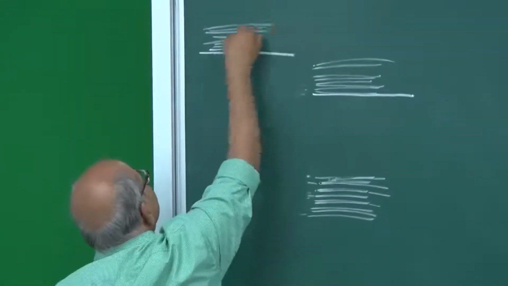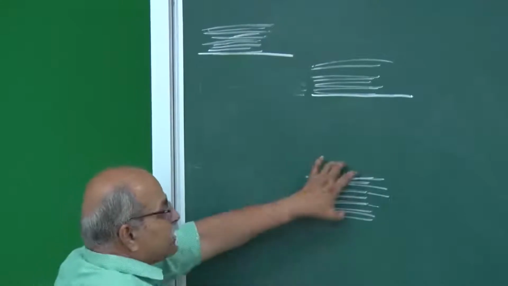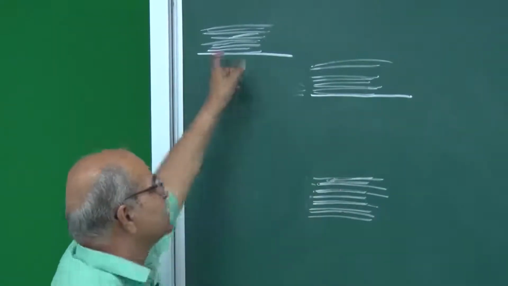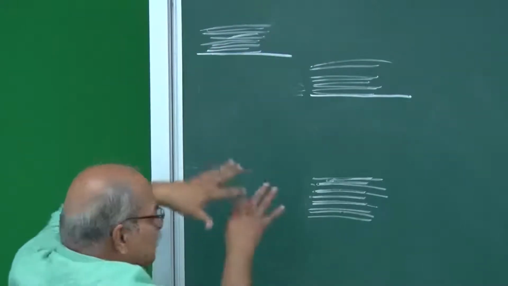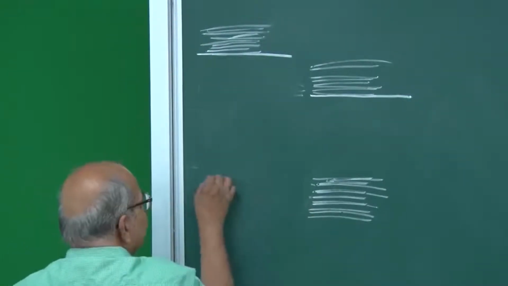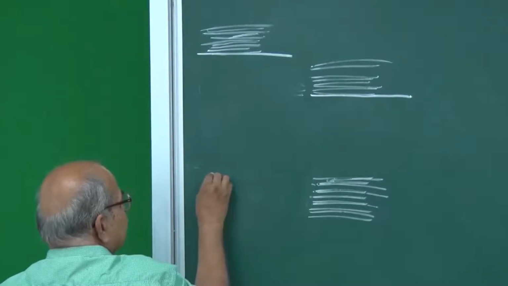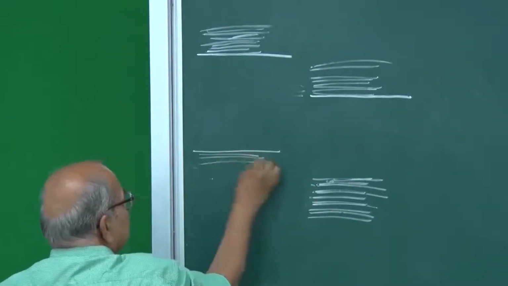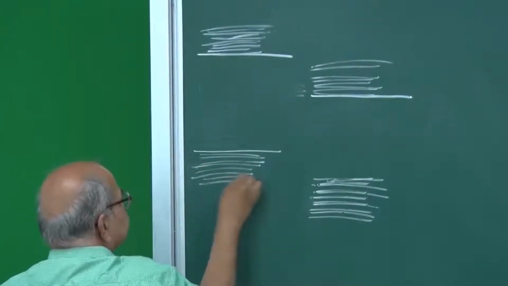I'm just drawing relative to the n side. It's not that it stays here and only this shifts and so on. I'm only looking at the difference. Similarly, this edge of the valence band also shifts up by the same amount, and therefore it's like this.